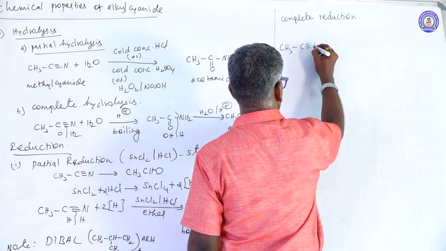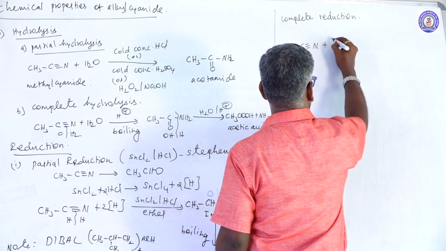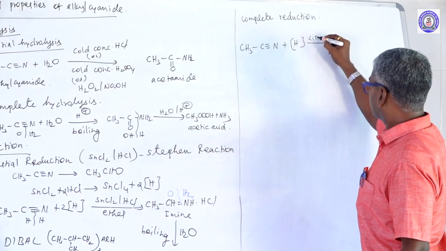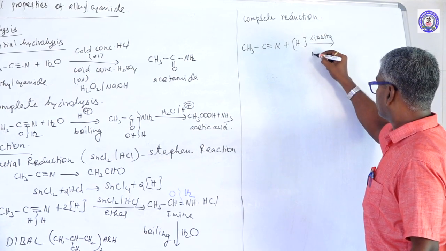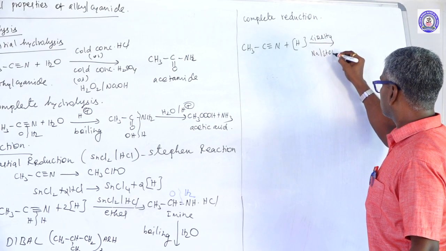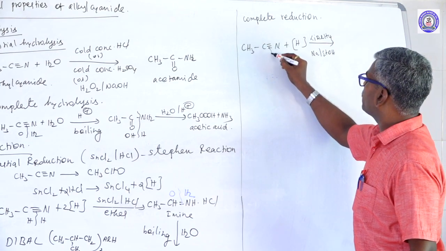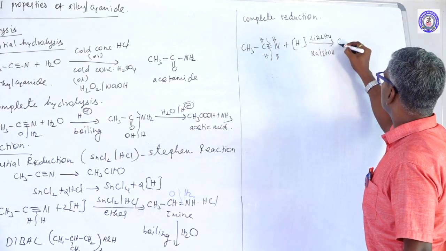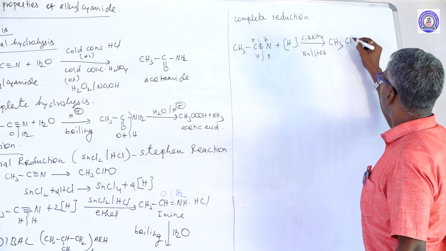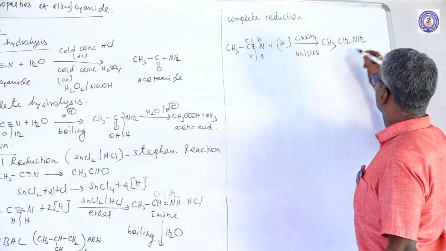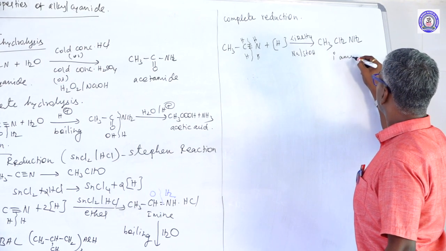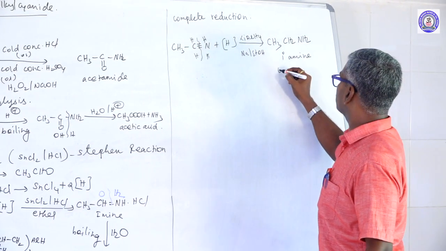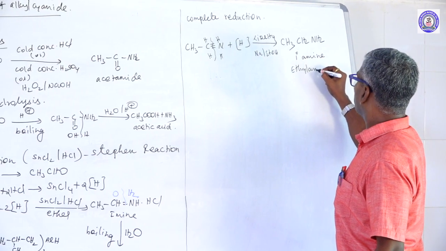CH3C≡N undergoes reduction in the presence of lithium aluminum hydride or sodium and ethanol. Here this bond breaks, hydrogen, hydrogen, this bond breaks, hydrogen, hydrogen, to form CH3CH2NH2. This is a primary amine, nitrogen carrying two hydrogens, common name ethylamine.